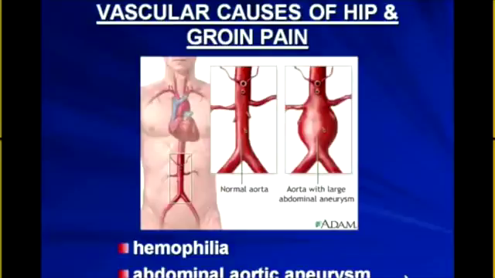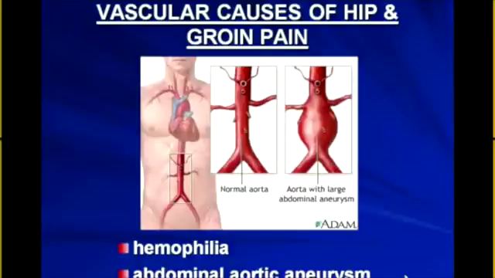Another vascular cause of hip and groin pain is an abdominal aortic aneurysm. This often creates mid-lumbar and lumbar spine pain, usually first, but certainly it can go into the groin. The bifurcation of the aorta is actually at the level of the umbilicus, so it can certainly cause pain in that area. What differentiates it from the hip and back is that it's not made worse by bending or stooping or sitting or lifting.